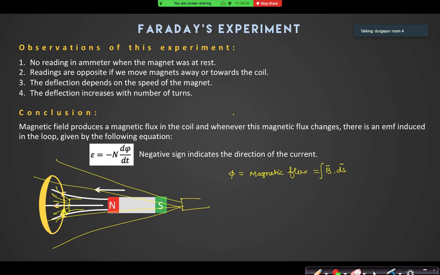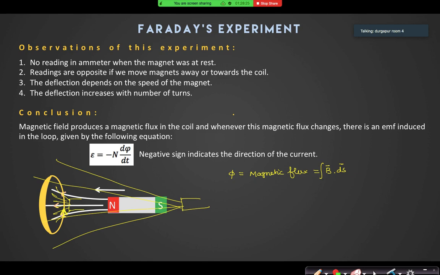Here the negative sign indicates the direction of current. How this negative sign is used to find the direction of current, that I will now explain. Although in this entire chapter we will not use that negative sign, because for the direction of current we are going to use another formula, right? That is much easier.